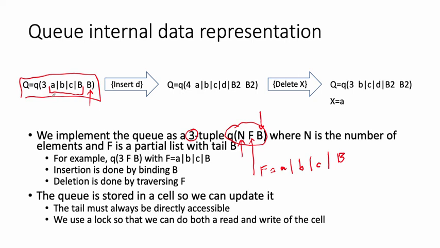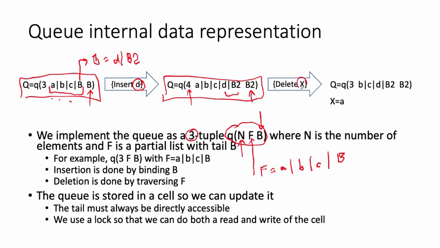Now if I insert D in the queue, I will bind B to D and a new variable, B2. So I will have this, and then I will replace the B by B2. So the new tuple is this one, and the 3 becomes a 4. So I will replace this tuple by another tuple. You see? So now I've inserted.